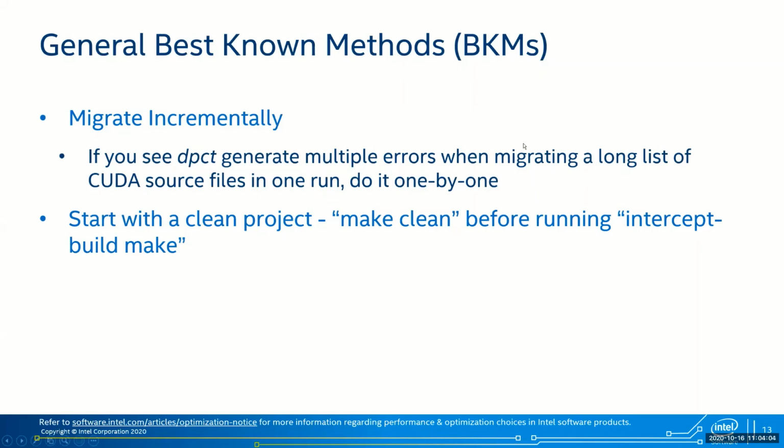All right. So what we found out was that we can use this compatibility tool, which can reduce the time a developer would require to migrate code from CUDA to data parallel C++. But there could be some scenario where your project is just too big, so that you cannot generate every file together.